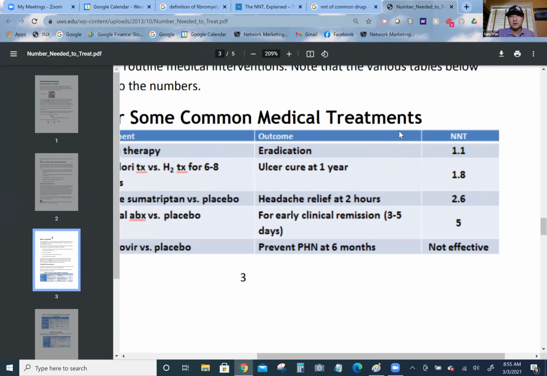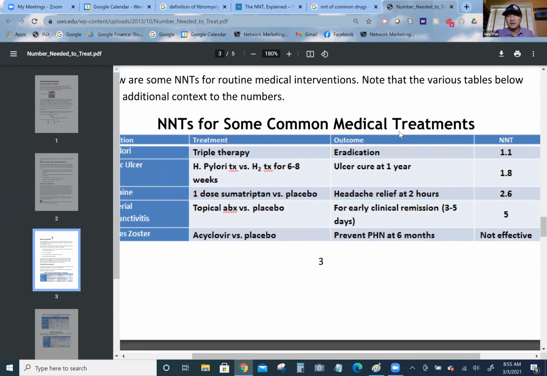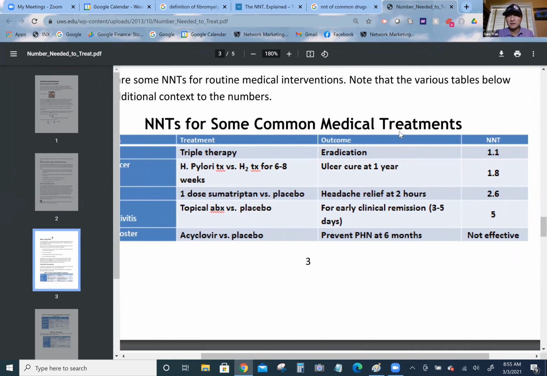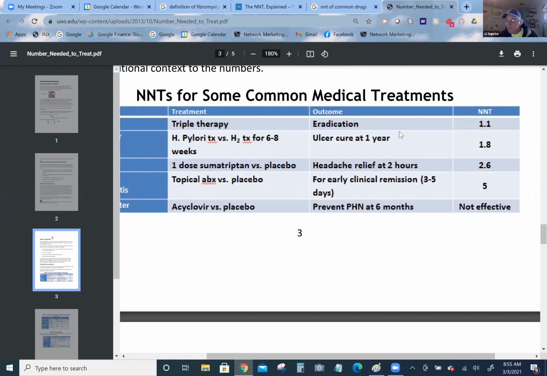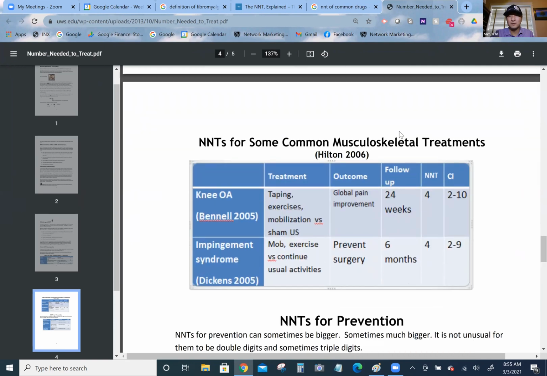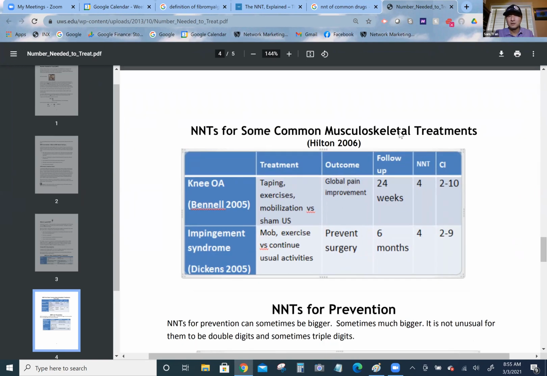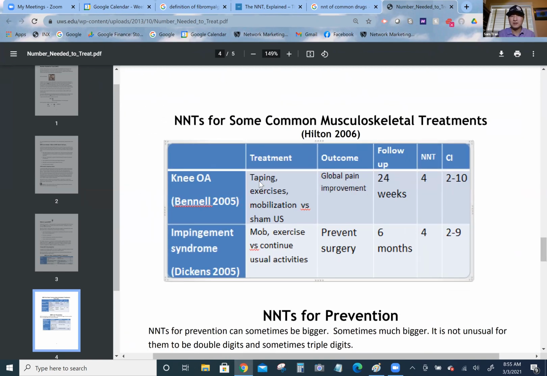You see this? You see this NNT? This is what you want. Stuff that actually works. Right, guys? Can you guys see that? Okay. And so let's go to the next one. Wow, look at that. Knee. The treatment is taping, exercise, mobility.